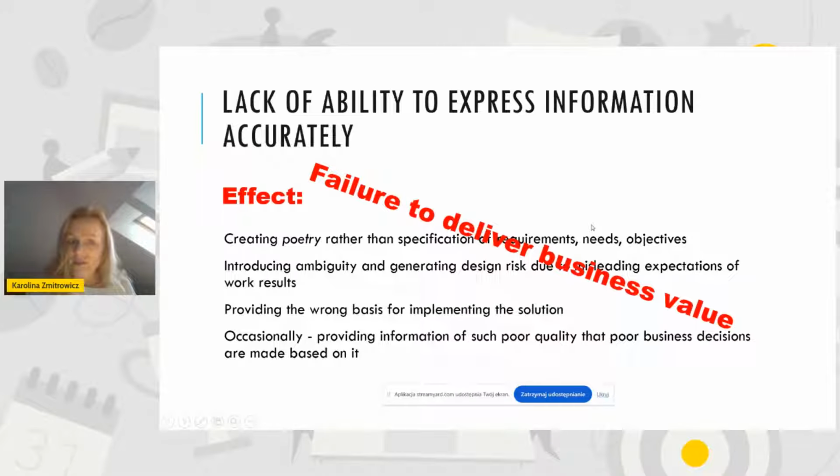The end effect is, again, we are not able to deliver business value for one single reason. The solution that's supposed to deliver the business value will be based on incomplete, wrong information. So that is why controlling words, the ability to express information accurately, precisely, measurably, is so important.